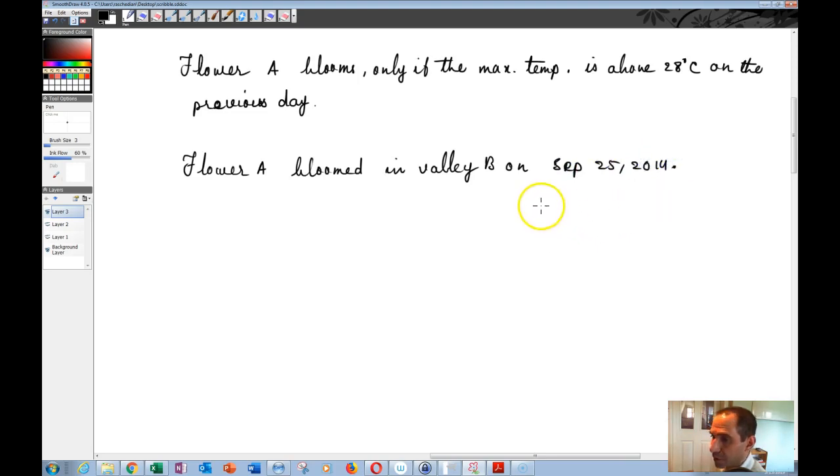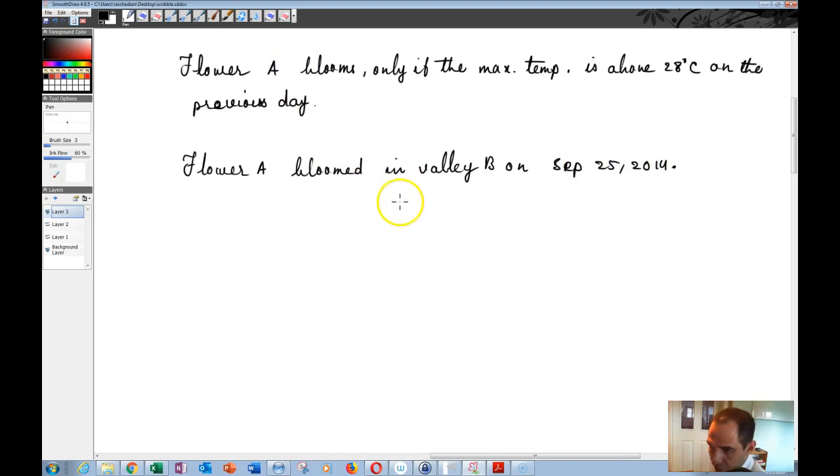You have this statement as well. So if you have that flower A blooms only if the maximum temperature is above 28 degrees Celsius on the previous day, and then flower A bloomed in Valley B on September 25th, 2014.